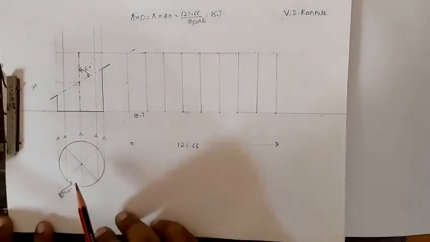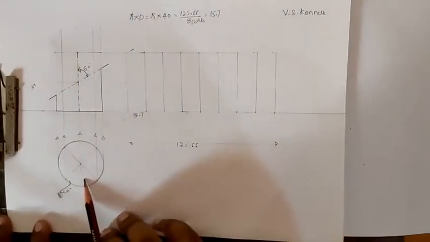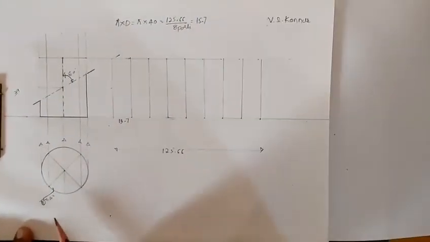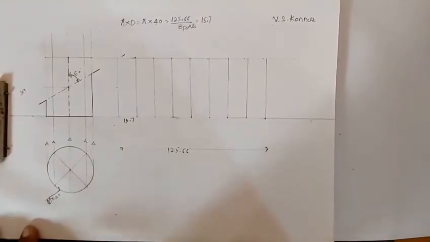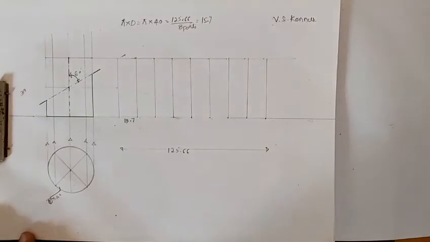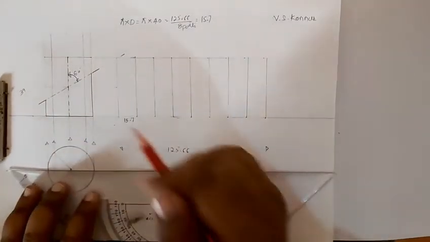See here, I have drawn a 40 mm diameter cylinder, and one more horizontal line I have to draw here.